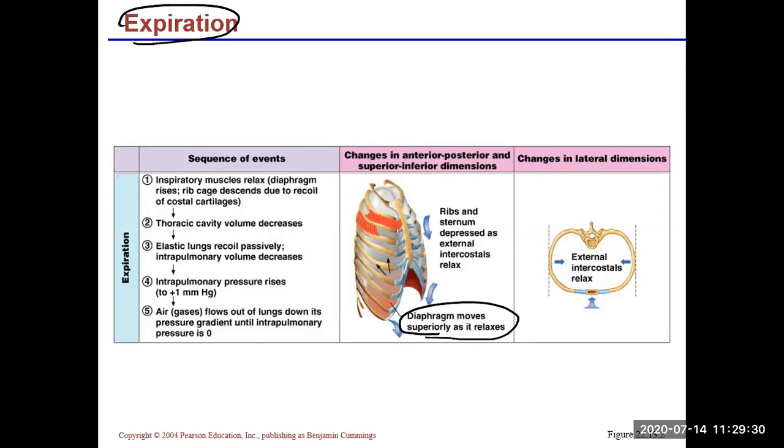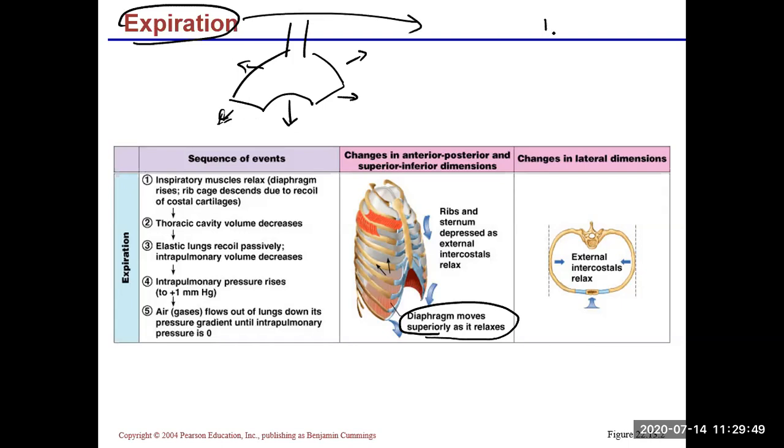The diaphragm rises, and the rib cage descends, due to the costal cartilage. So your lungs were initially expanded like here, right? The diaphragm was moving downwards. This is the opposite. Now the diaphragm is moving upwards, and the muscles and such are relaxing.